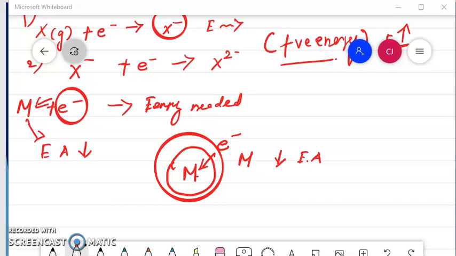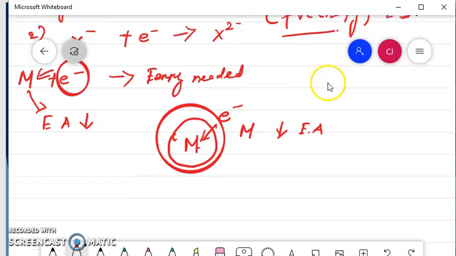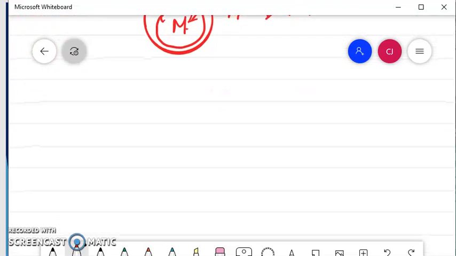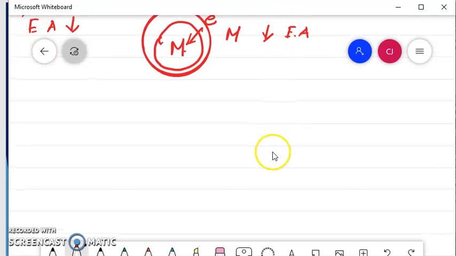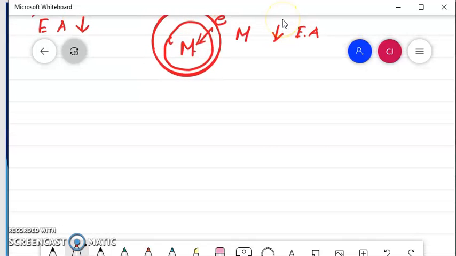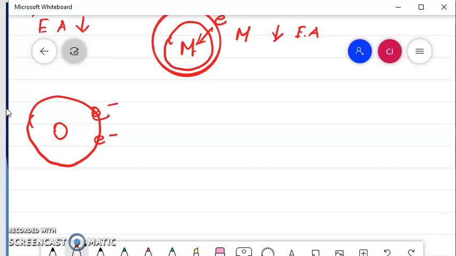What about the ionization energy? Come to the ionization energy now. Once the atomic number increases, what happens to the ionization energy? The ionization energy depends on the number of electrons in the valence shell. Consider this is the atom; in the valence shell there are electrons.